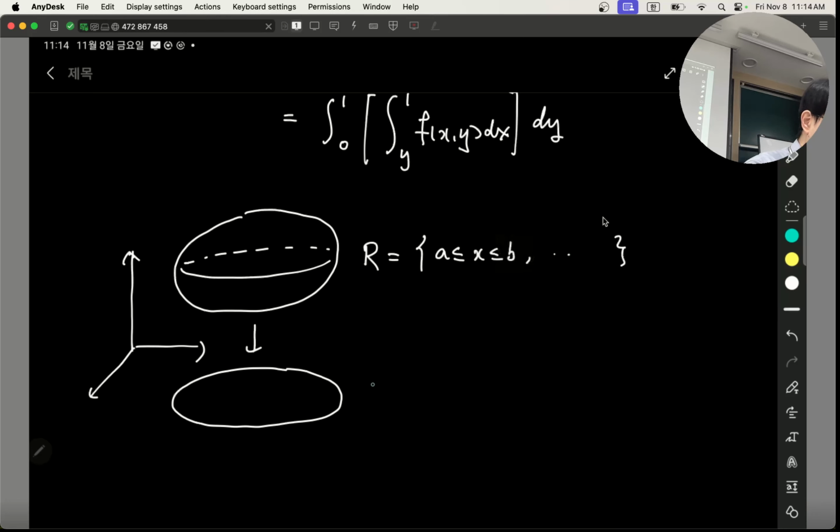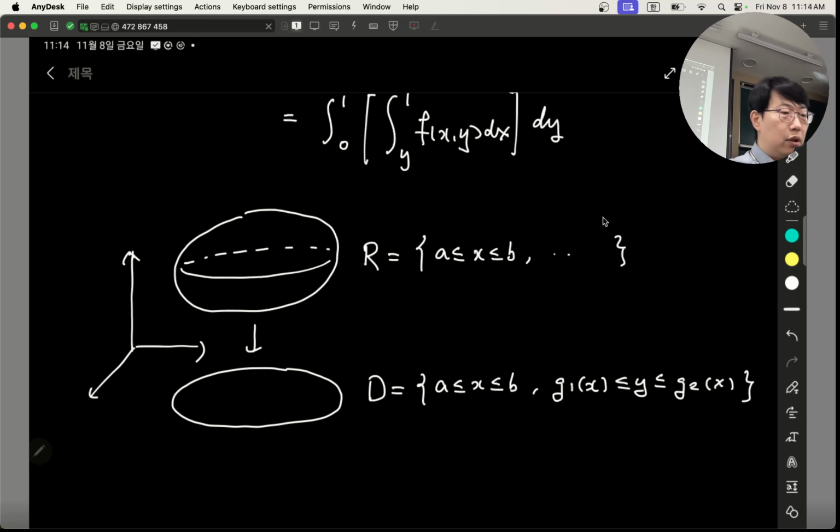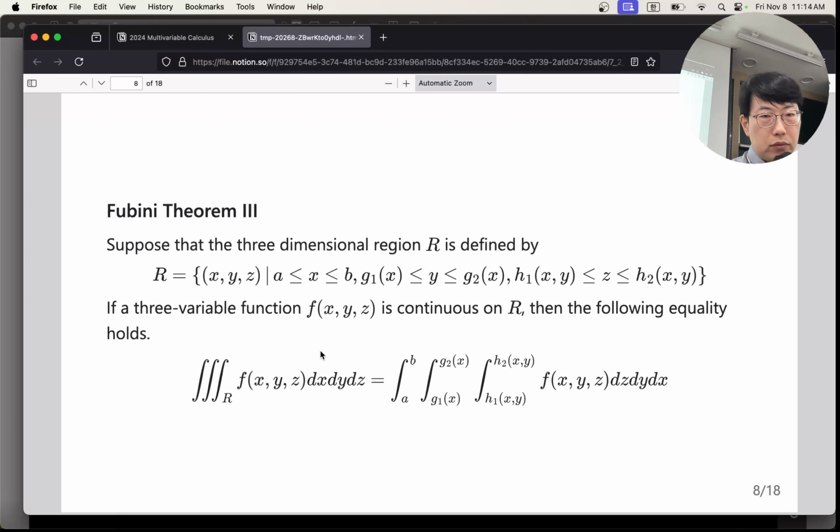Now, when you project, your two-dimensional area is defined this way, just taking the first two inequality conditions. That's your D. And what we are doing here is, when you try to get the integration over R, that means every point.